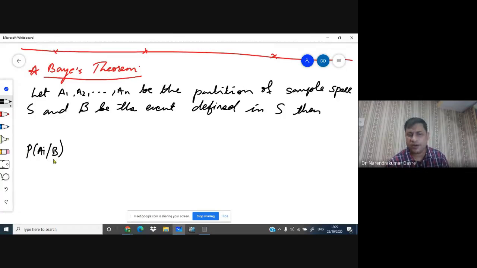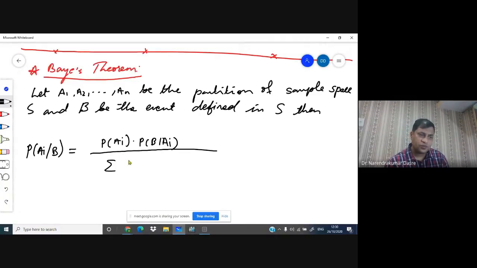Okay, so this is a conditional probability. Probability of AI on B is given as the probability of AI into probability of B on AI, because I know this probability of B on AI, upon the summation of the probability of B. What is the probability of B we have considered?